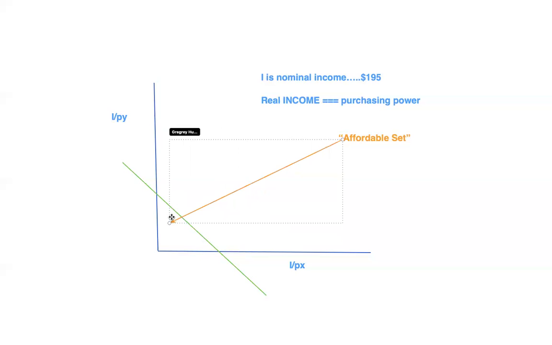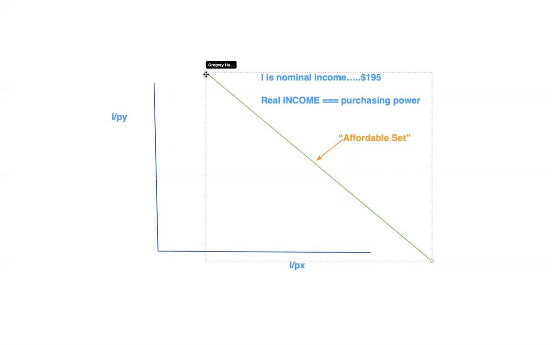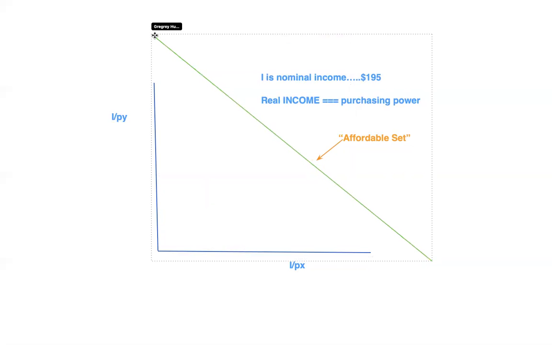So when you're holding prices constant, like we're doing in this example, the nominal and the real income relate to each other in the way that you would expect them to. If you increase nominal income, and I'll give an example way out here, so now I'll do this big budget line here, then the affordable set, the purchasing options of the consumer, are going to expand. Yeah. Now you can purchase all of these different consumption bundles.